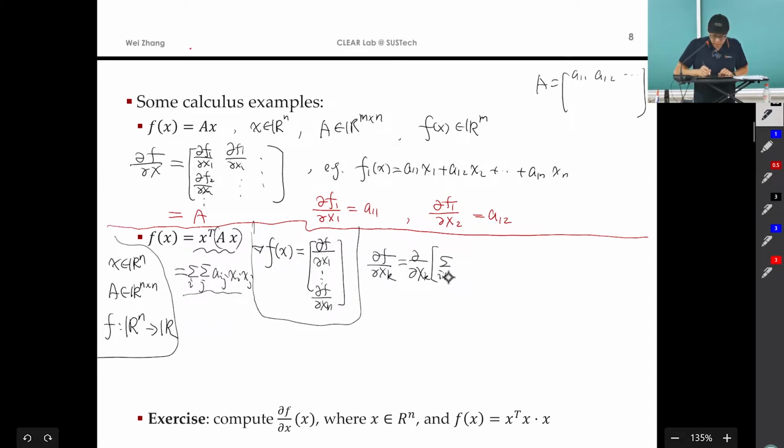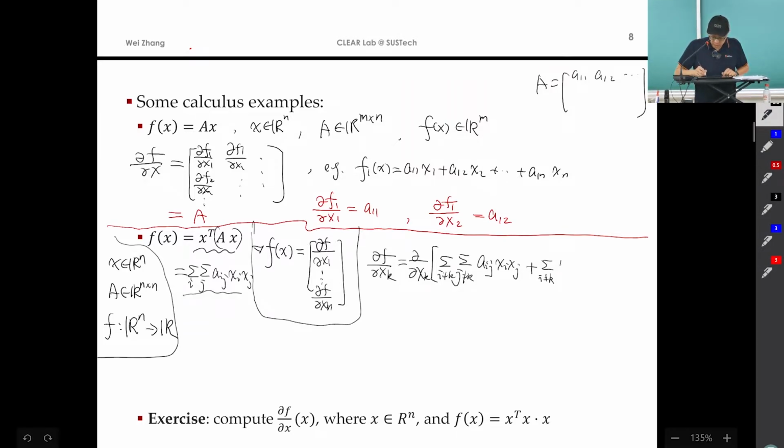So i not equal to k and j not equal to k. aij, xi, xj. So this guy, if you take derivative, will be 0. Okay, it doesn't depend on k. And there's also another case, that only i not equal to k, but j equal to k. But j equal to k, I can fix j now. Okay, it's just one term.